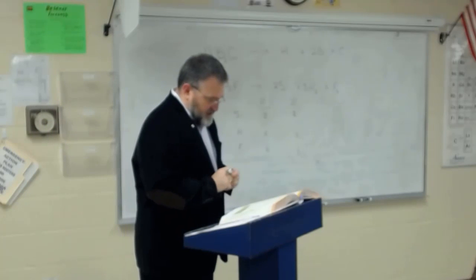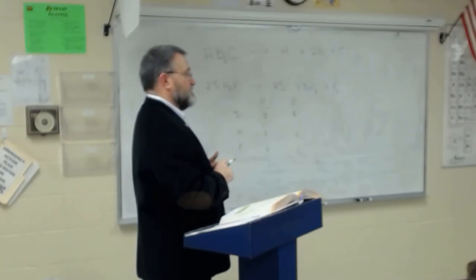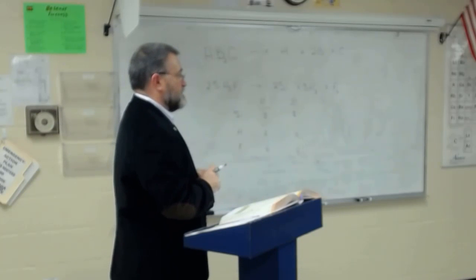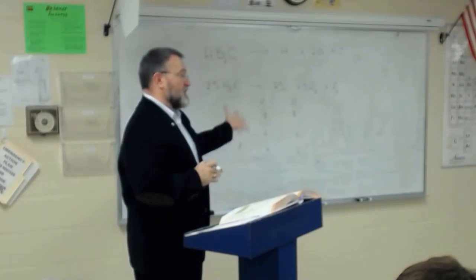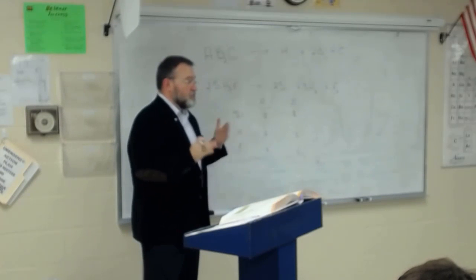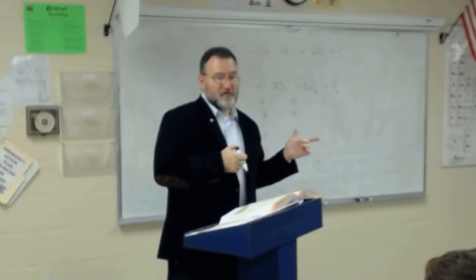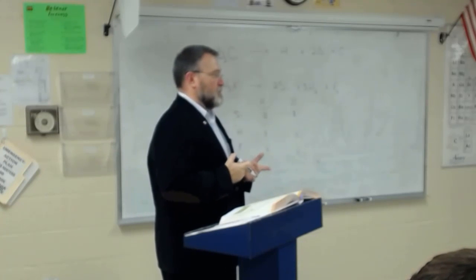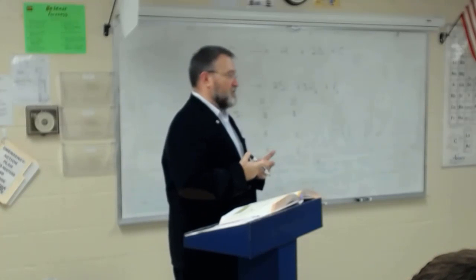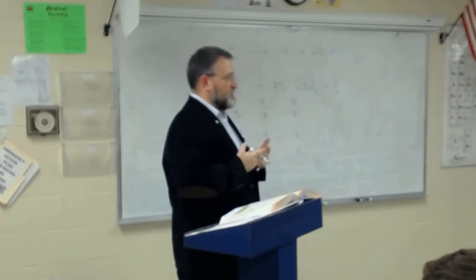Is that the process they used in the book? No, it's not. They did the fractional coefficient method. So maybe that's good. I believe this is easier. But the fractional coefficient method can be quicker. So if you're short on time, it's quicker, but it also is more prone to error.